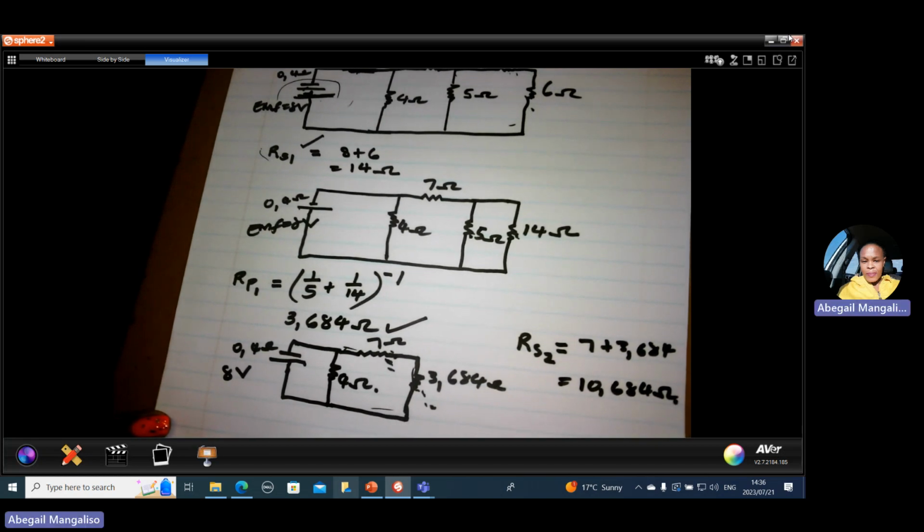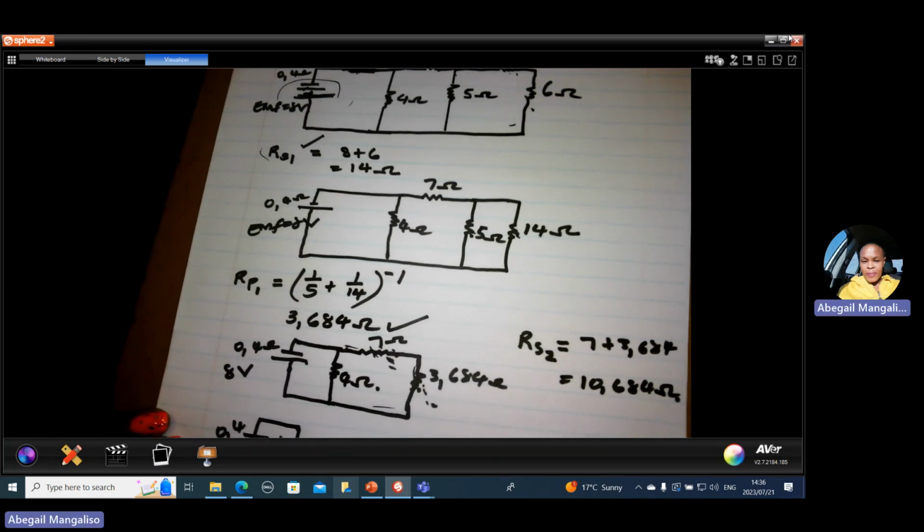Now the circuit, when these become one resistor, the circuit will be like this. There is only this side, there is a cell of 0.4 and EMF of 8 volts.